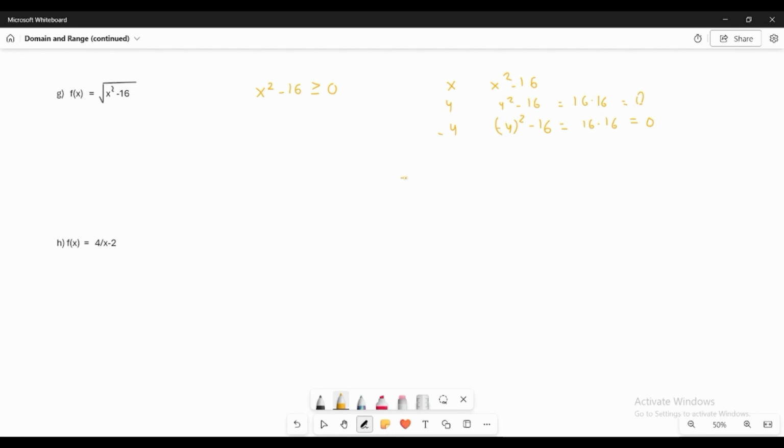So let's see on the number line here. Here we have 0, here we have negative 4, and here we have positive 4, right? Now let's try to check all the values between negative 4 to 4 and see what happens to x squared minus 16. So let's say if our x is negative 3, in that case what would happen?